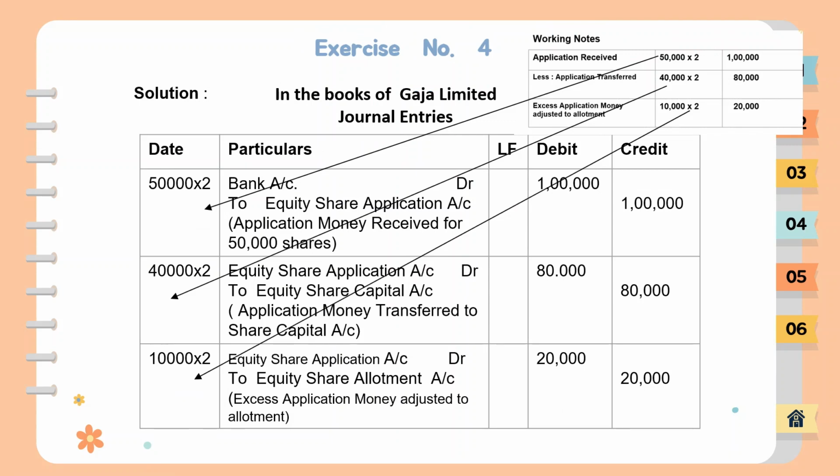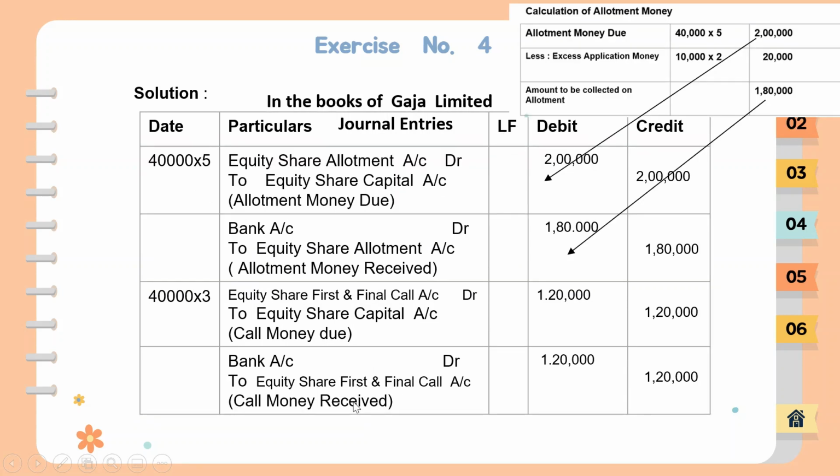I have taken the calculations again so that you will understand. See what we have written on the previous slide that I have shown here. Application money received: bank account debit to equity share application, and transfer. Only 40,000 shares we can transfer to share capital, and excess application money will be equity share application to equity share allotment. Now the allotment calculation we did, that I have shown on the top.